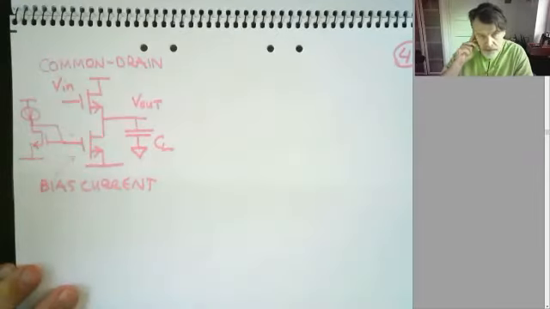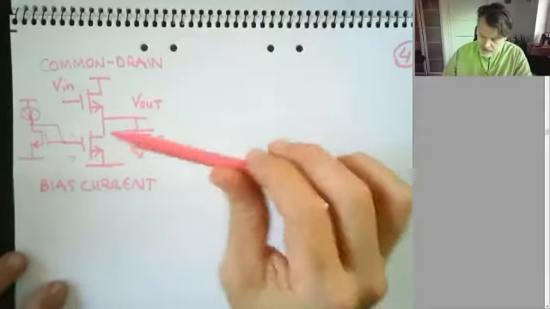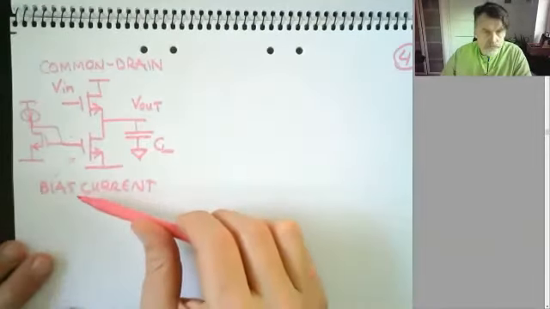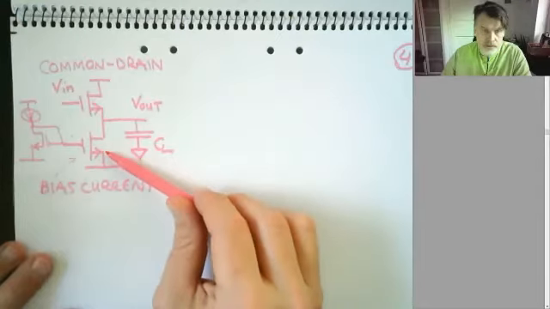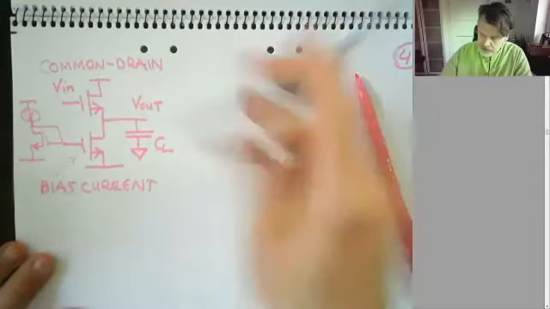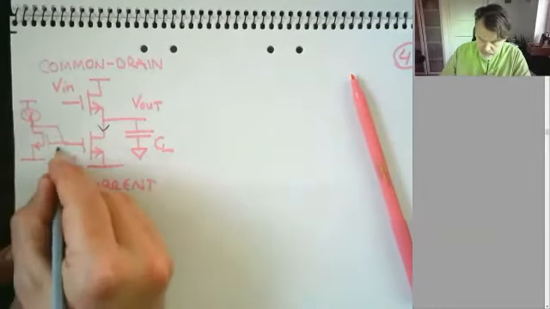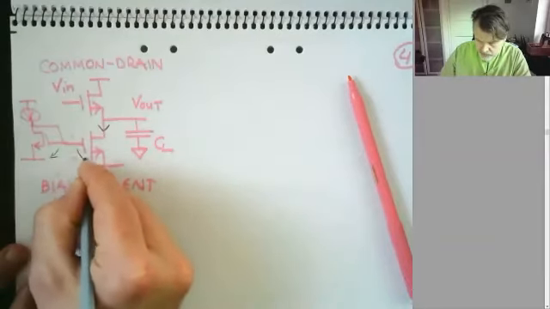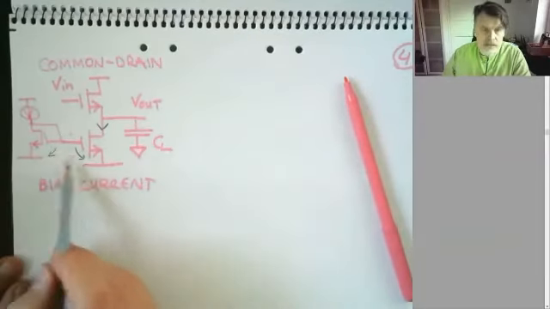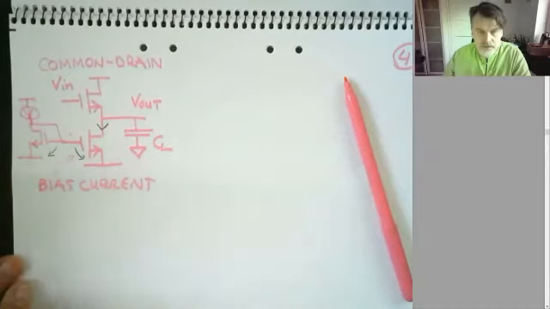What does the common drain do? Well, actually, if you look at it, there is a current source down here, which produces a constant current, more or less, give or take, at least from the first order concept, because this current mirror makes sure that we have the same gate source voltage on that transistor.